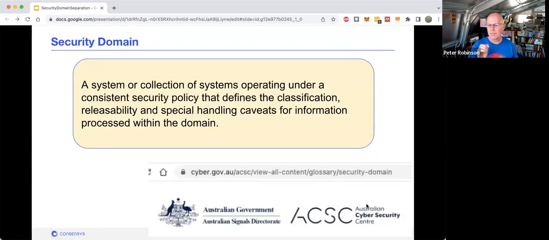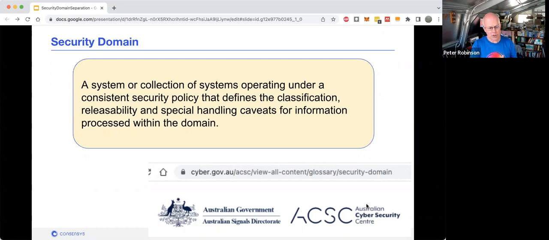So the ASD, the Australian Signals Directorate, the Cybersecurity Centre, they talk about security domains with this definition. Essentially a collection of systems that are operating under a consistent security policy. So you can imagine, you're going to have a stovepipe of information and it's going to be a security domain.